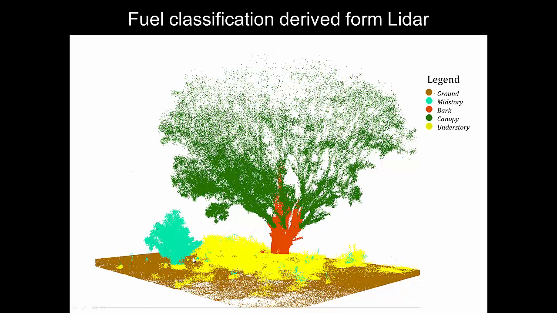And from this, once you have the point cloud classified, you can get detailed information about the height of each fuel type, the width, and the volume, and many other properties that are of interest for forest fire management.